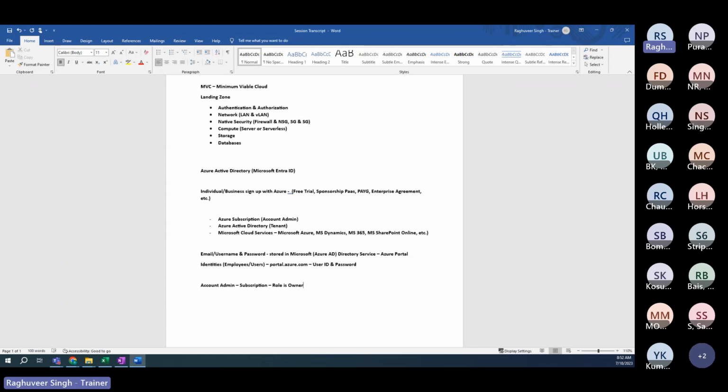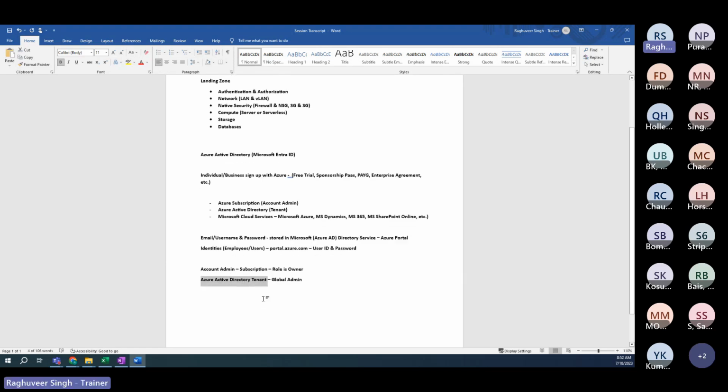Along with that subscription, you are provided an Azure Active Directory tenant, and your role in that tenant is global admin. You basically maintain two roles: owner at the subscription level and global admin at the Azure Active Directory tenant level.